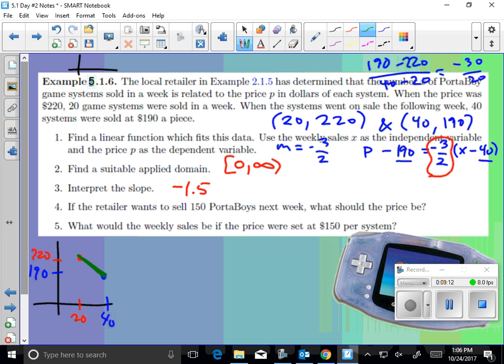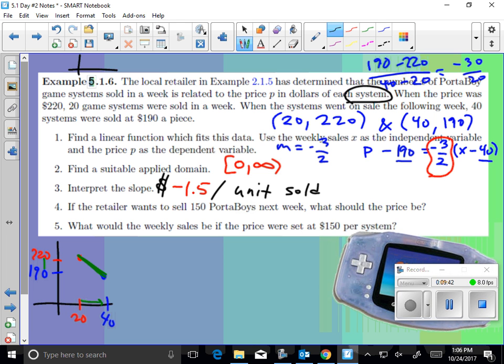Okay, what does the slope mean? Well, it's the change in y, so it's the change in what? Price per change in units, number of units. So it's negative $1.5 per unit, or in this case, system sold.